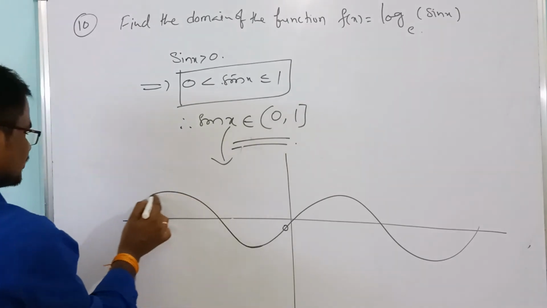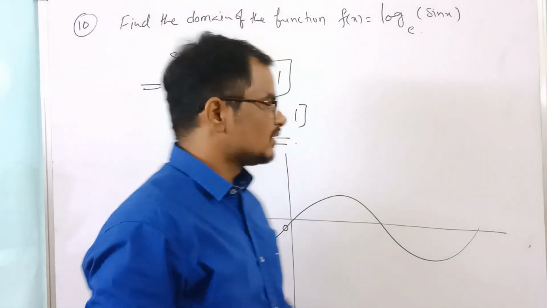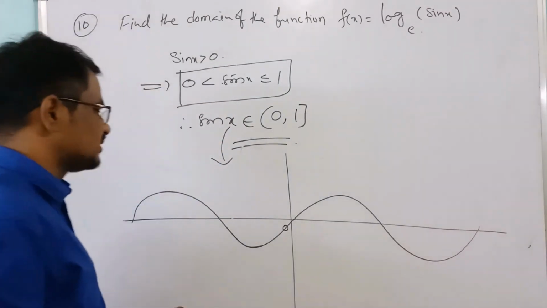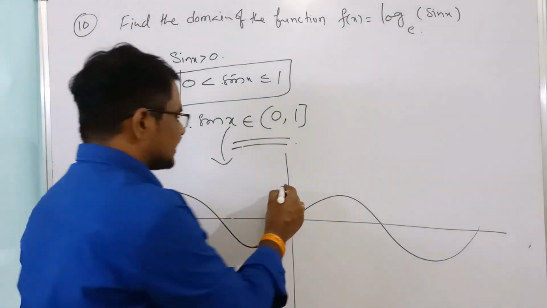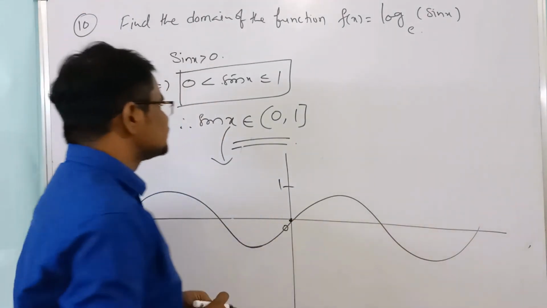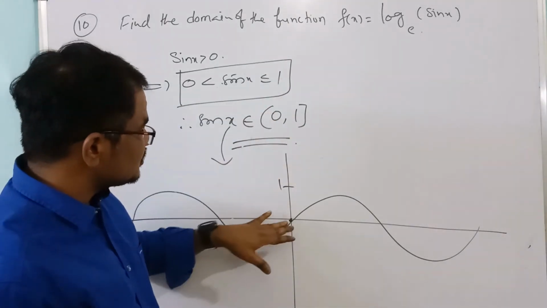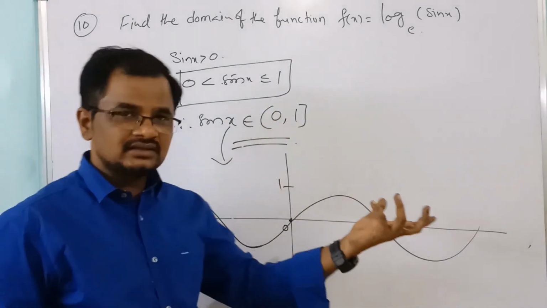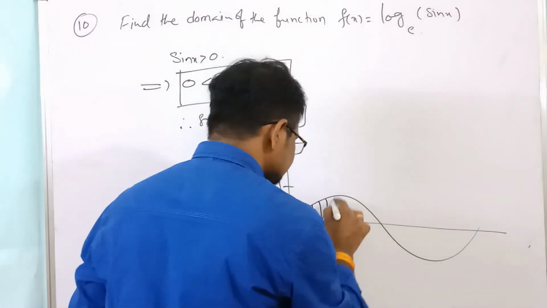Graphs are most important to do many problems easily, so that's why concentrate on graphs. Here this is 1, here it is 0. So sin x belongs to the open interval 0 to the closed interval 1. The solutions being asked are these solutions only, no?